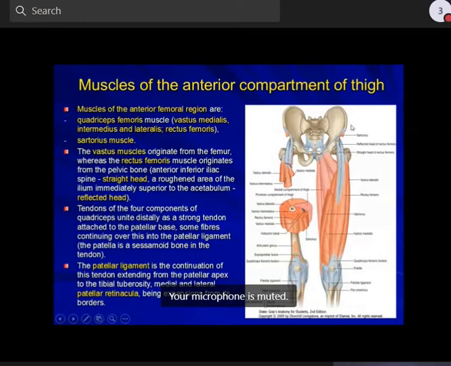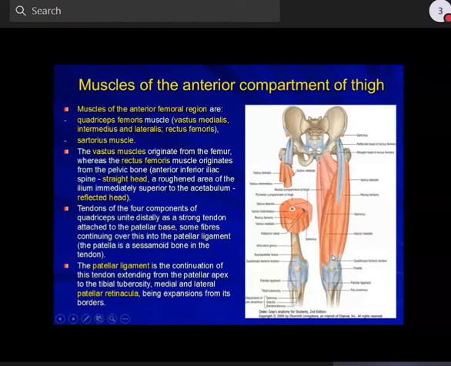The biggest extensor in the thigh is the quadriceps femoris, a 4-headed muscle. It has 4 heads. Its straight head has a special name, rectus femoris muscle.